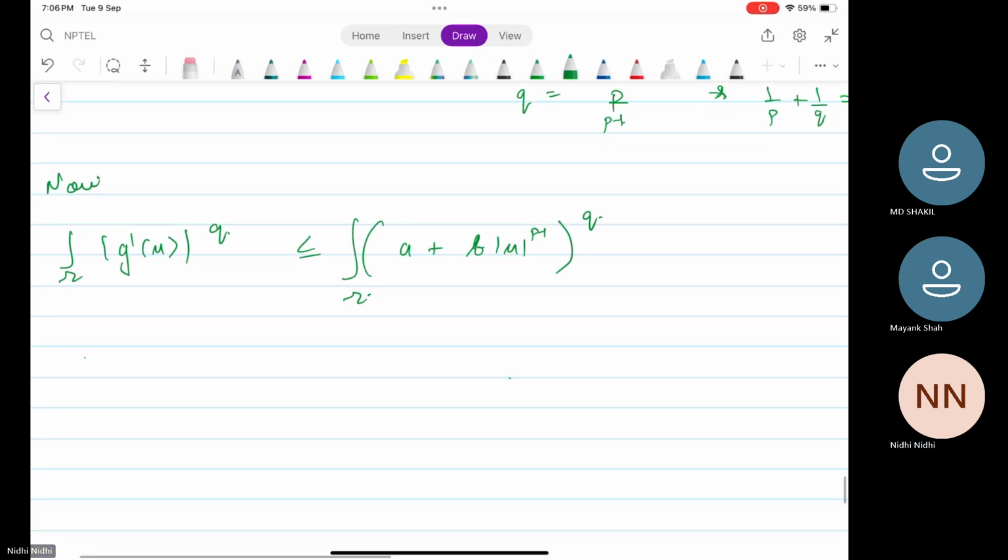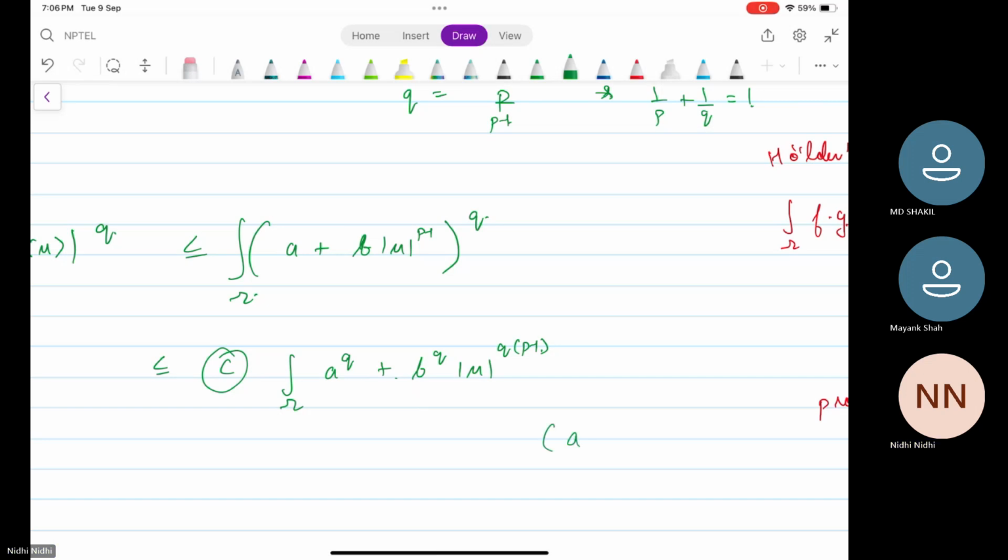Now this can be written as less than or equal to some constant times a^q plus b^q |u|^(q(p-1)). This constant is, I think, 2^(q-1), something like that. Because for (a + b)^x, this will be less than or equal to 2^(x-1)(a^x + b^x). We have something like this.